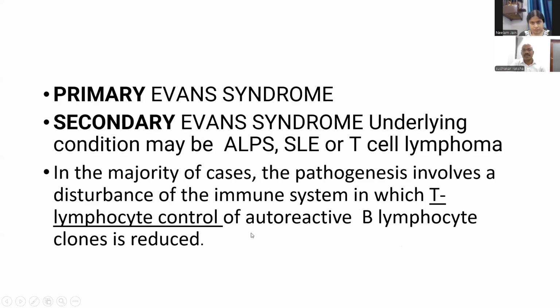If they kill the cells, they are called cytotoxic T lymphocytes. Normally, these T cells regulate the B cell function. But in these cases, the T cell regulation of the B cells is reduced. So these B cells produce antibodies towards the own antigens, leading to autoantibody production.